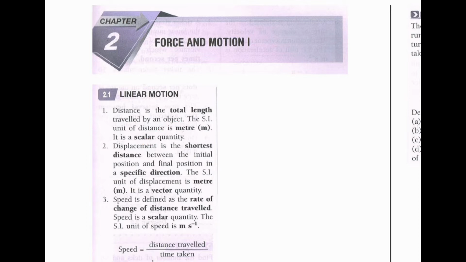Let's say an example for distance. If you have an object that moves, let's say this is 0, 5 meter to the right, then after that makes a U-turn and comes back to here, 2 meter.